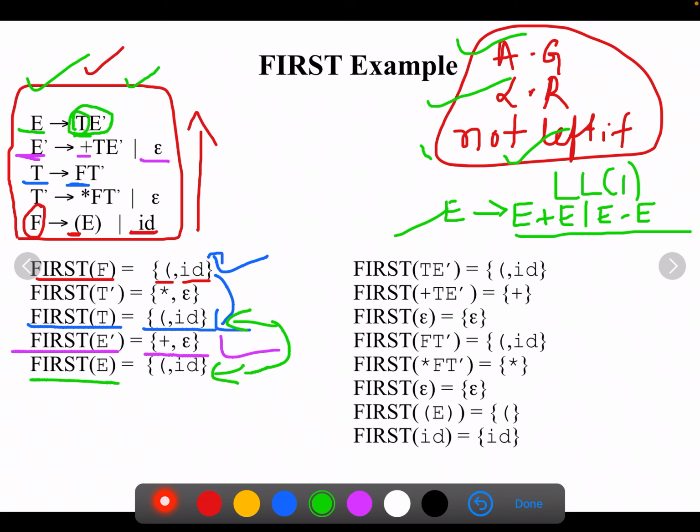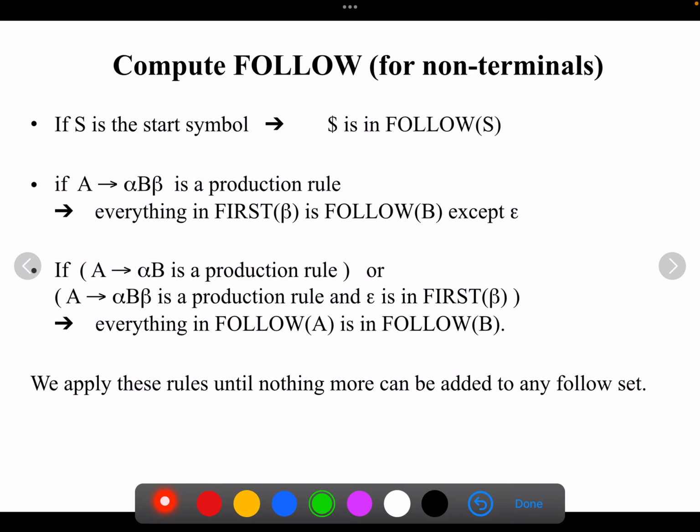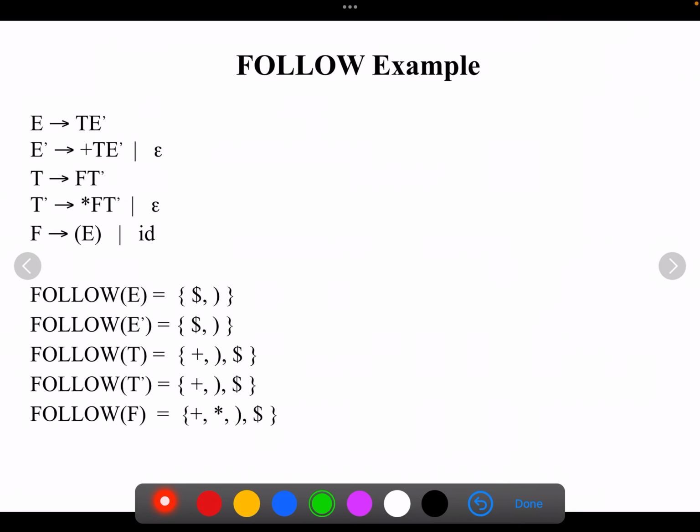Next, moving on to the follow set. Follow set rules we will discuss along with the problem here. For doing this, I have already told that follow of the start symbol should always include a dollar. So since E is the starting symbol, include the dollar. Next, check which productions have E on the right hand side.